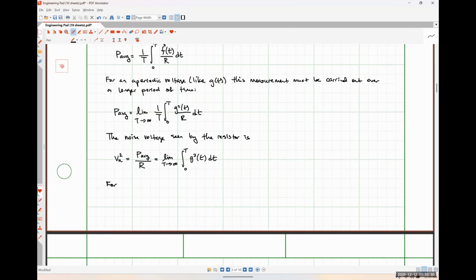So for most physical noise sources, the instantaneous amplitude of the noise will follow a Gaussian distribution.